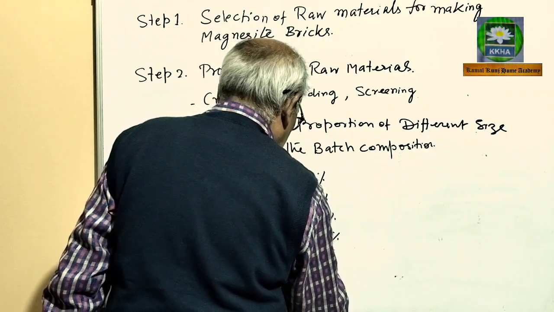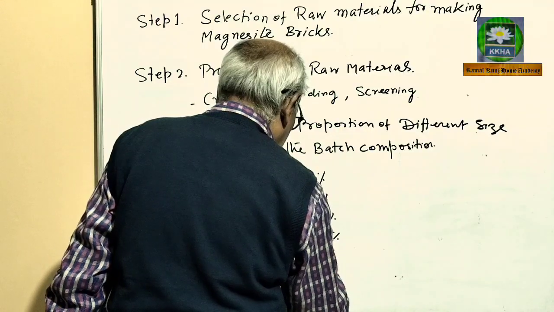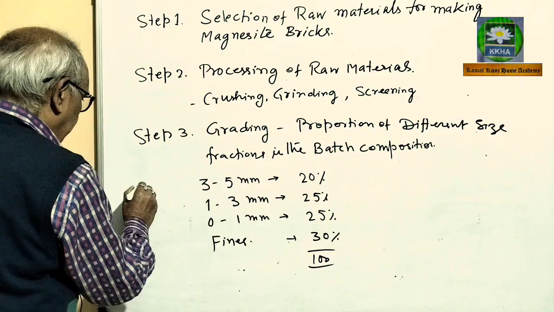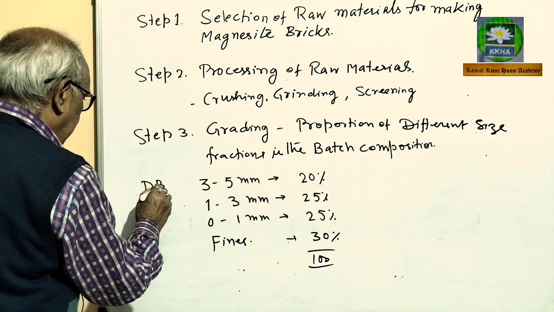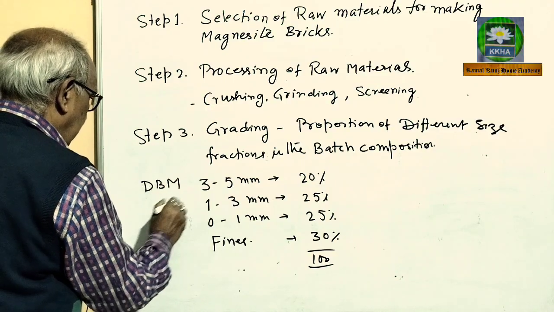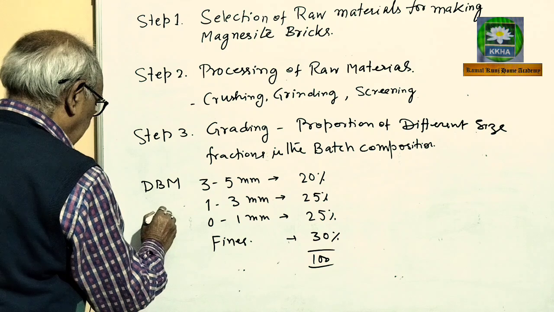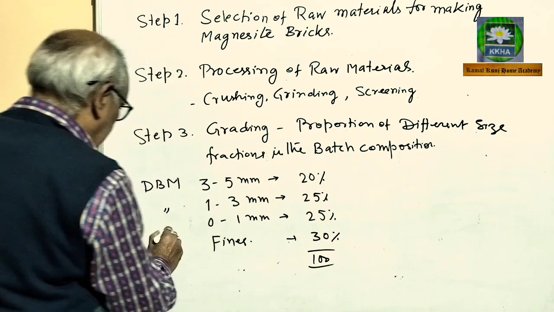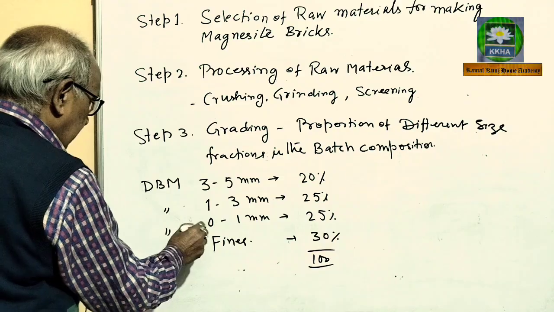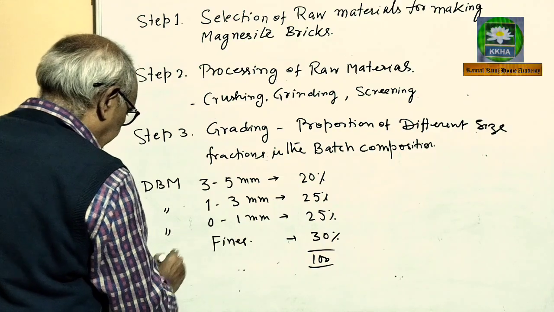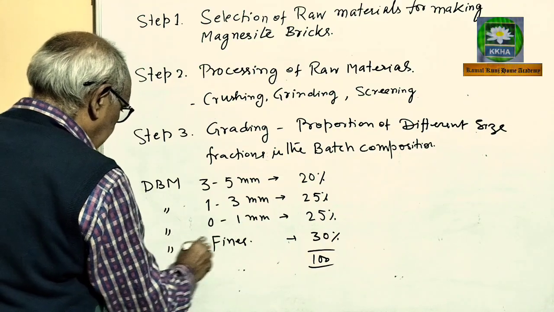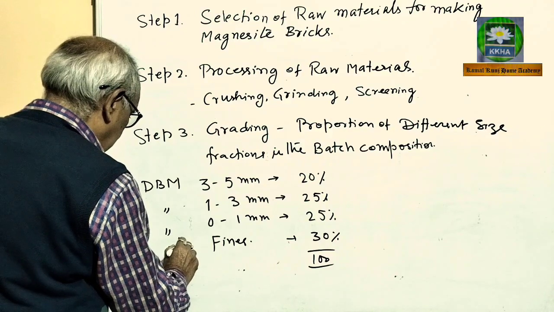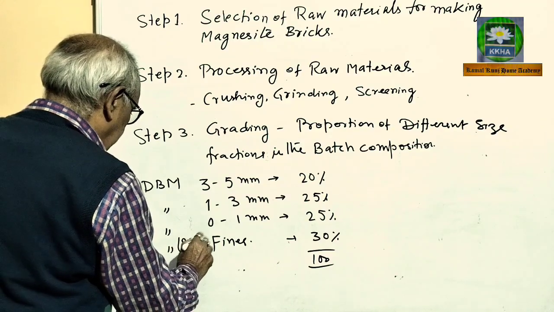Total it is 100%. So this is DBM, dead burnt magnesite, 3 to 5 mm, dead burnt magnesite fraction 1 to 3 mm, dead burnt magnesite 0 to 1 mm fraction and dead burnt ball mill fines. This is ball mill fines.